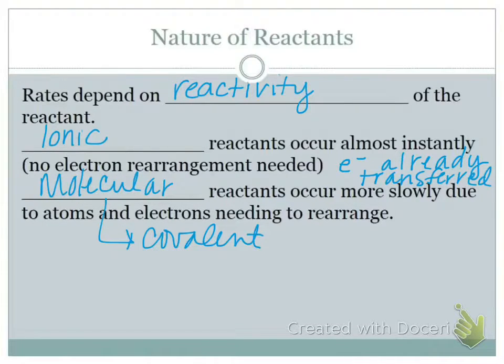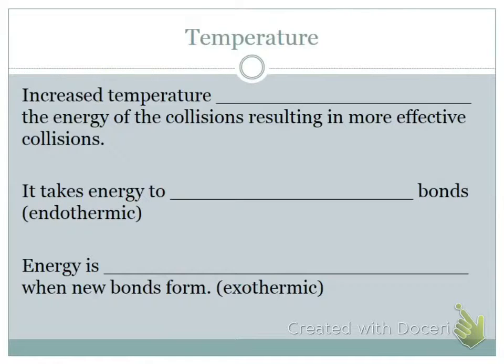The next one is going to be, I believe, temperature. Yes. So if I increase my temperature, I increase the energy of my collisions. Remember way back we said heat them up, speed them up.